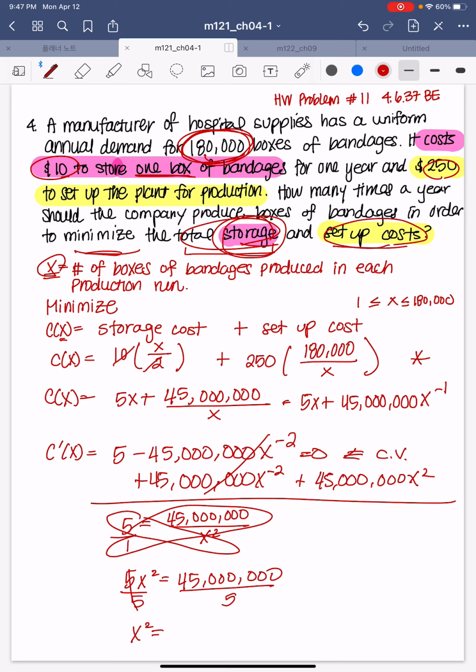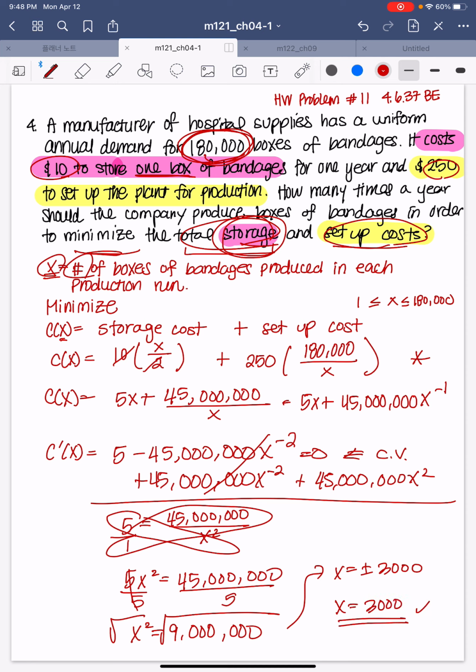X squared is equal to 9 million. Let's square root. So I have x is equal to plus or minus 3,000. Because x represents number of boxes, it doesn't make sense to have a negative number of boxes. X is equal to 3,000.